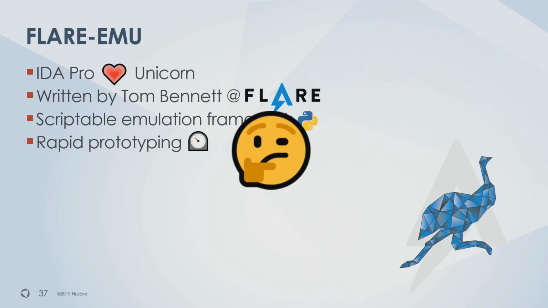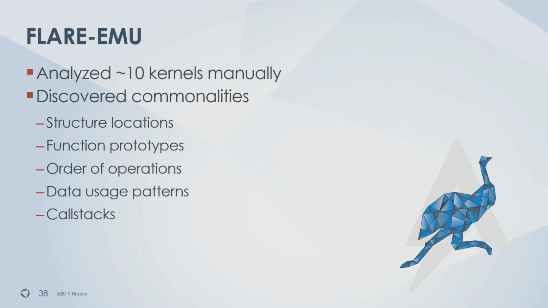So how do we go about using emulation to actually auto-extract these undocumented structures? By this point, I had analyzed somewhere around 10 kernels by hand, spanning a 2-year period or so. I'd discovered plenty of changes between these kernels, but I also had plenty of commonalities. The location where these structures were used generally stayed within the same class of functions.